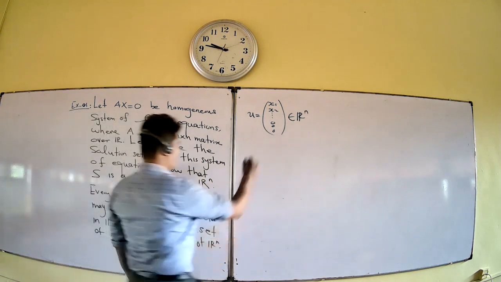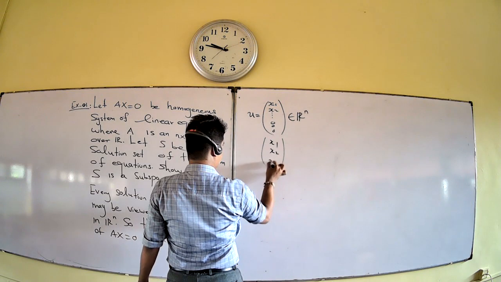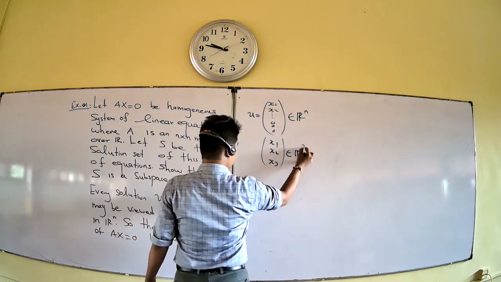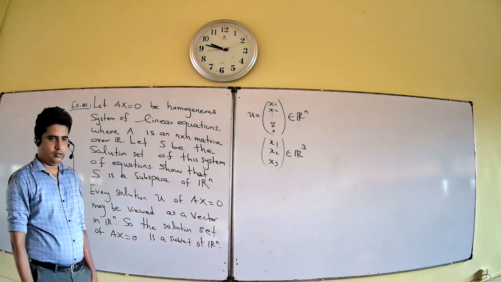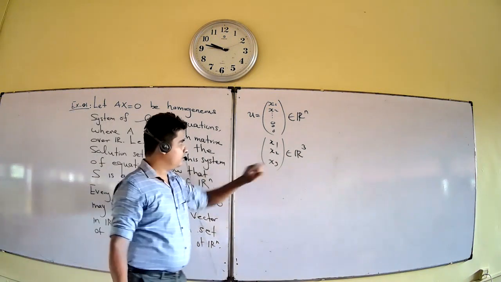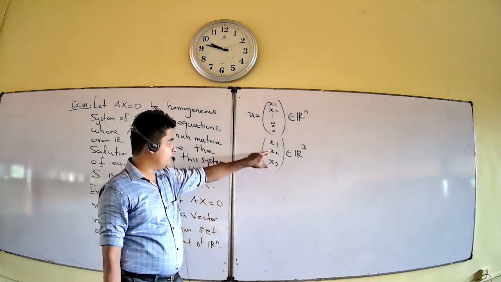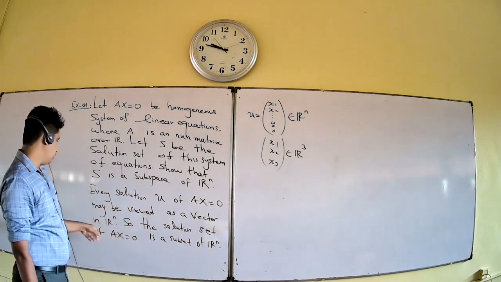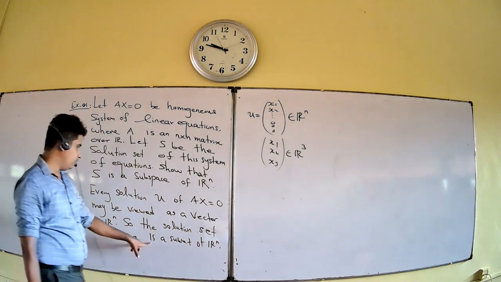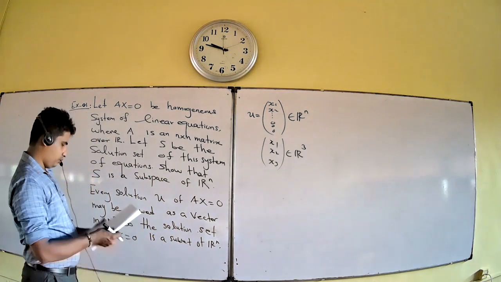Suppose you have the solution for a 3 cross 3 matrix, with three values s1, s2, s3 belonging to R3. There may be zeros here, or only one value such as 1, 0, 0, for example. Therefore the solution set of Ax equal to 0 is a subset of Rn.